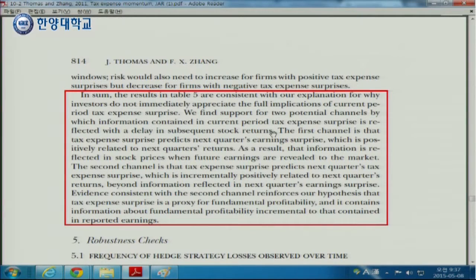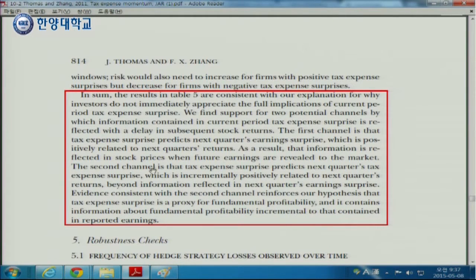Okay, channel 1 is that tax expense surprise predicts next quarter's earnings surprise, which is positively related to next quarter return. As a result, that information is reflected in stock prices when future earnings are revealed to the market.